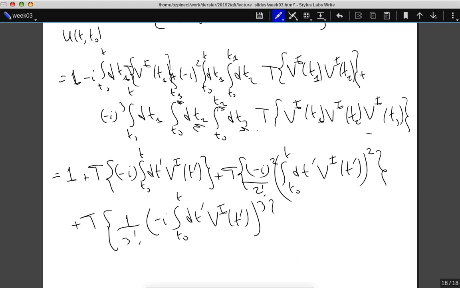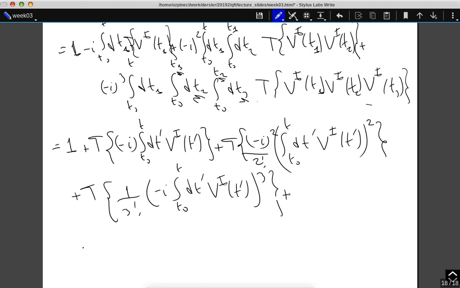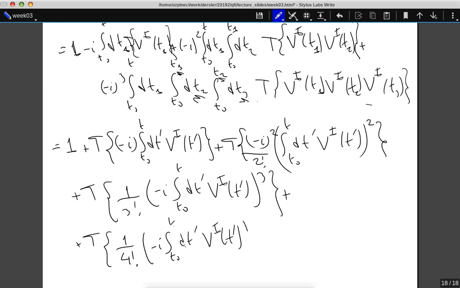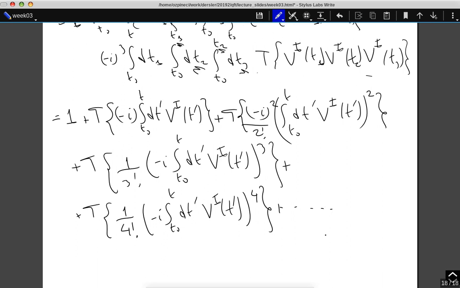cubed. Let me write the next term also. Can you guess the next term? 4 factorial, minus i, t0 up to t dt' V_I of t' to the 4th power, etc. Again, I will use the linearity of the time ordered product, which I define.